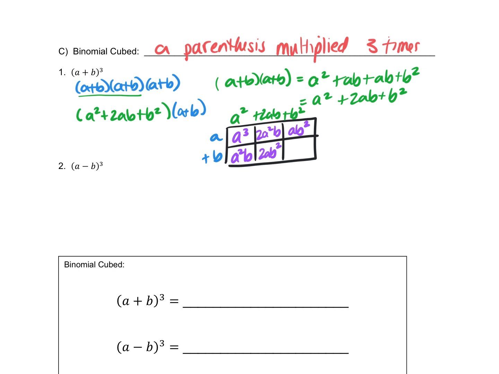And then B squared times B is B to the 3rd. And then you remember, you go and you find my like terms. So when I combine them, I get A to the 3rd plus 3A squared B plus 3AB squared plus B to the 3rd. And that's it.